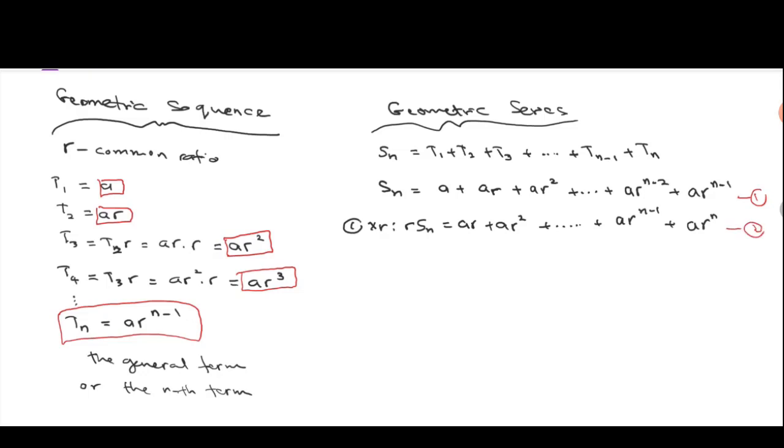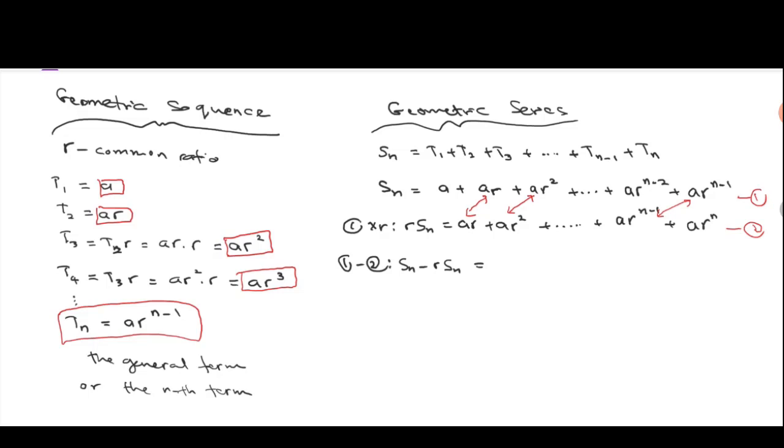If we subtract equation 2 from equation 1, we will have on the left side S sub n minus r S sub n, equal to, on the right side, ar minus ar will be 0. ar squared minus ar squared will be 0. ar to the power of n minus 1 minus ar to the power of n minus 1 will be 0.